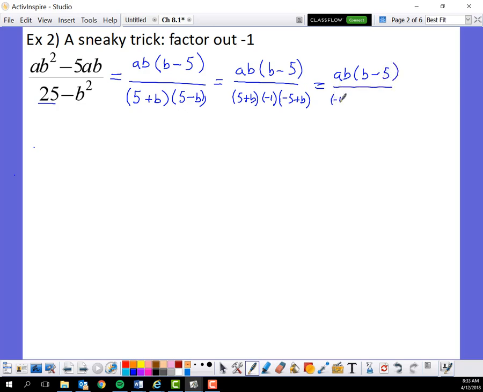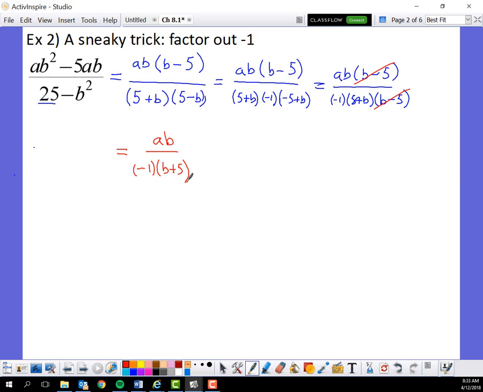So I'm going to slide the negative 1 out in the front. I'll keep the 5 plus B, and I'll change that to B minus 5. Now you can pretty clearly see that you've got a B minus 5 on the top and the bottom that cancel each other out. And what we have left over is AB on the top over negative 1 times B plus 5.